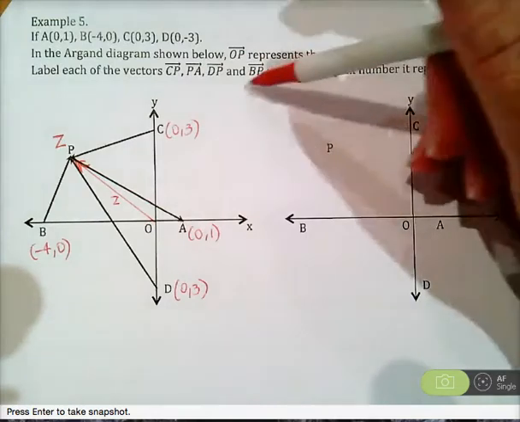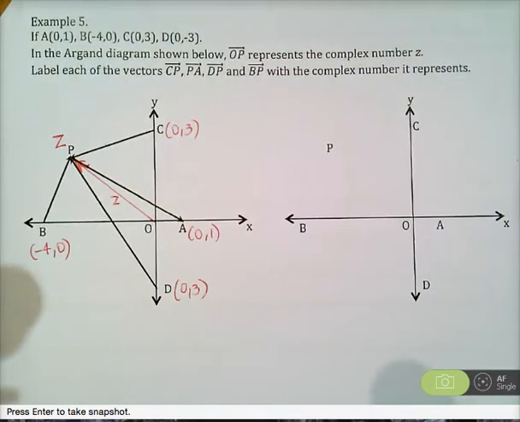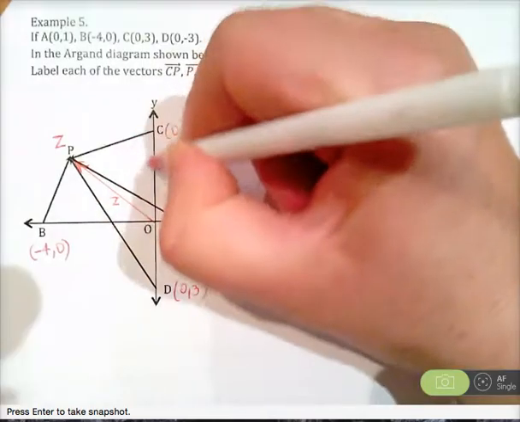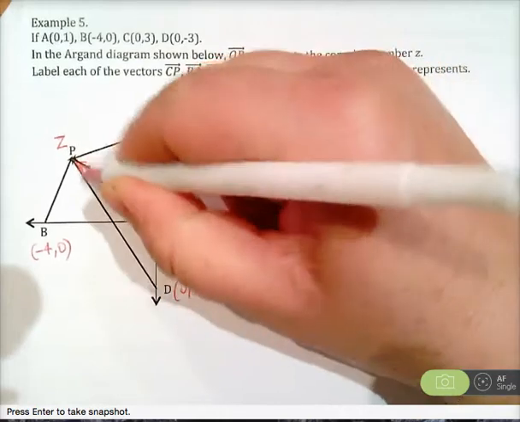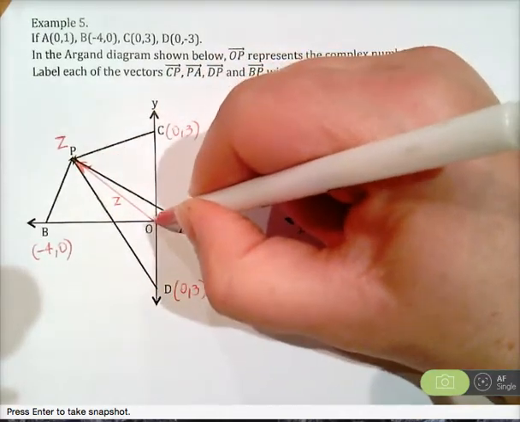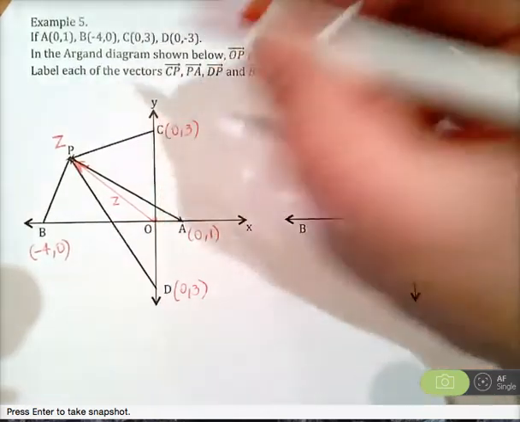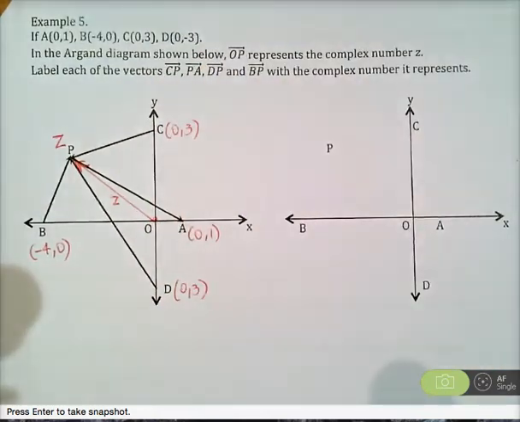Now, let's start with the first one, CP. So, if this is Z, and to get to C it's 0 across and 3 up, then if C is 0, 3, then OC is the vector 3i.